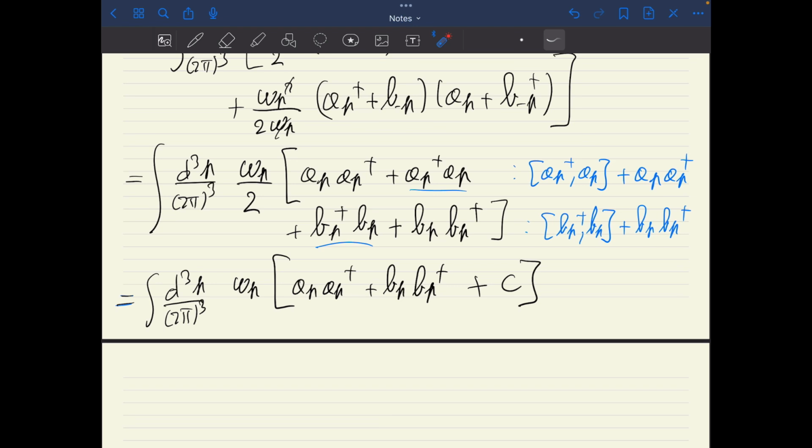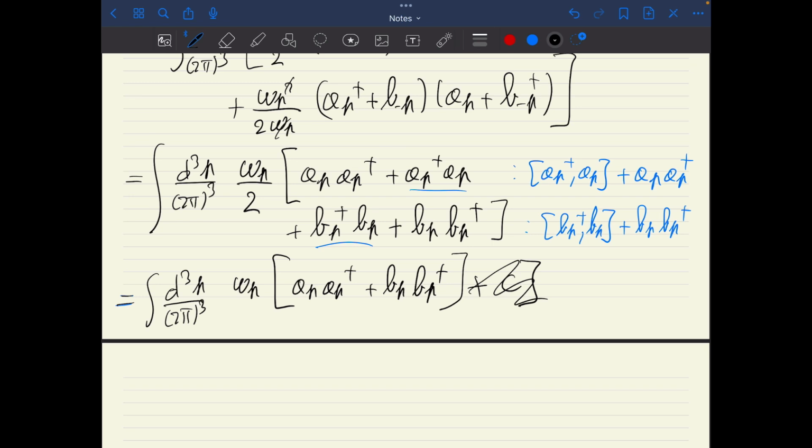So physically it's okay because those are constant terms, and even though they are big, in experiment we just measure differences of energies. So from now on, we will just forget about this constant term, and therefore our final result is this.